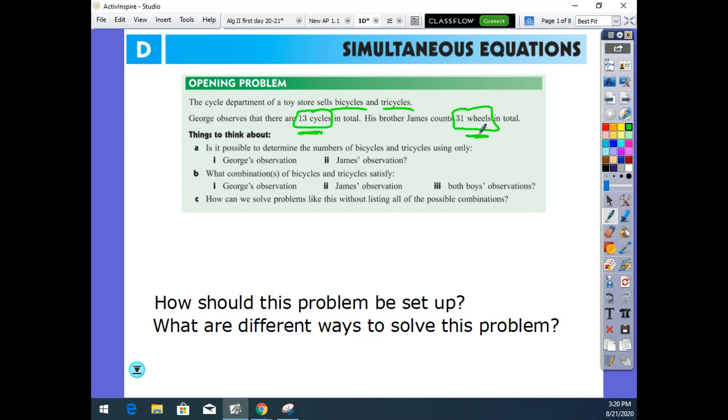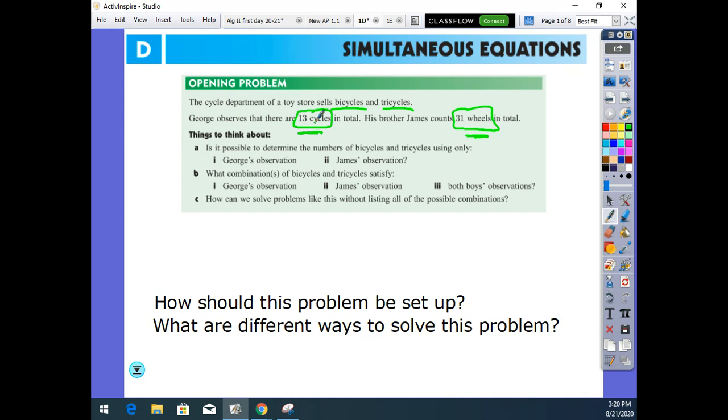Think of some different combinations just using George. If there are 13 cycles, it could be one bicycle and 12 tricycles, or one tricycle and 12 bicycles. We could look at all the different combinations. What about James? Look at all the different ways we could come up with 31 wheels.